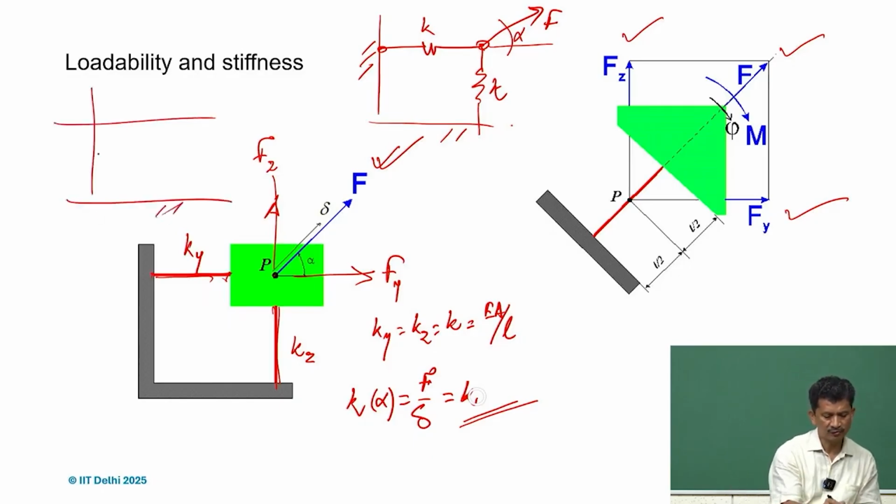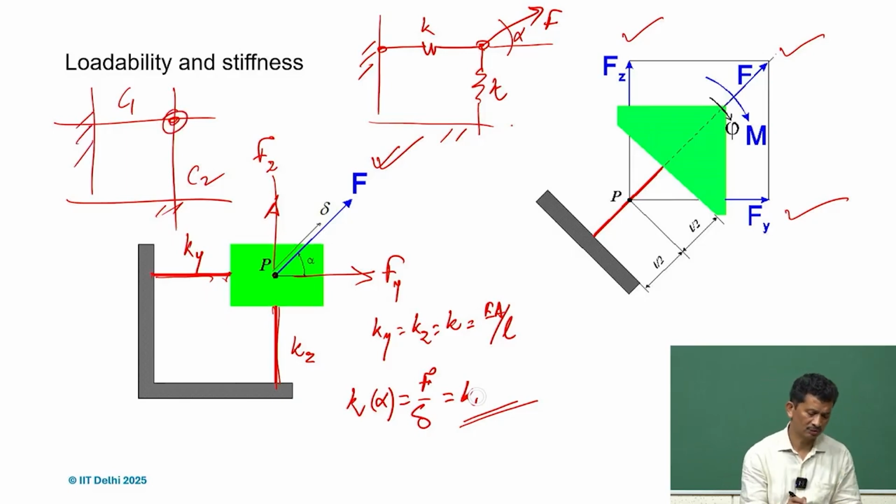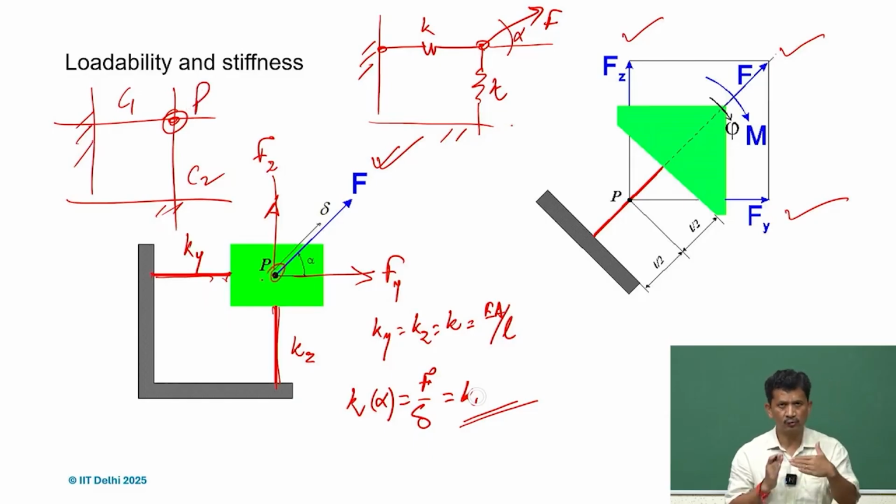One constraint C1 and one constraint C2 give the axis of rotation. Because these two intersect at point P, P will be the instantaneous center of rotation.